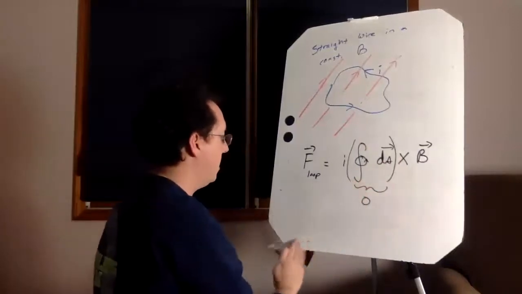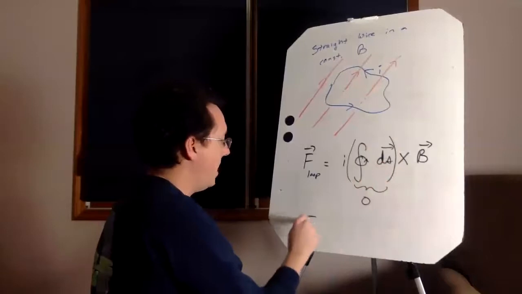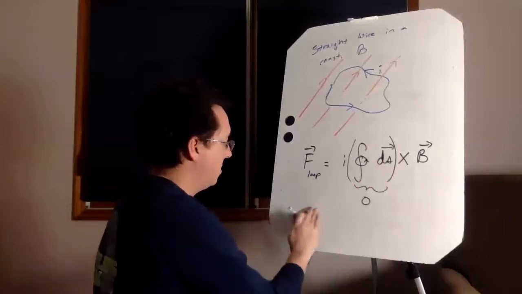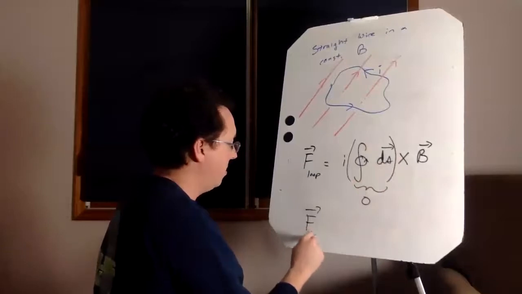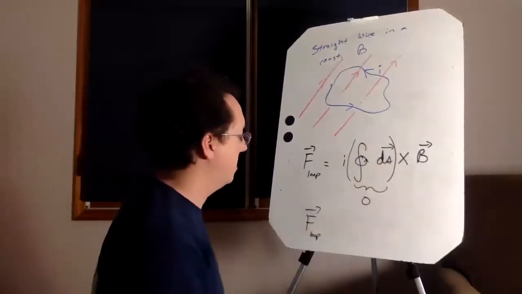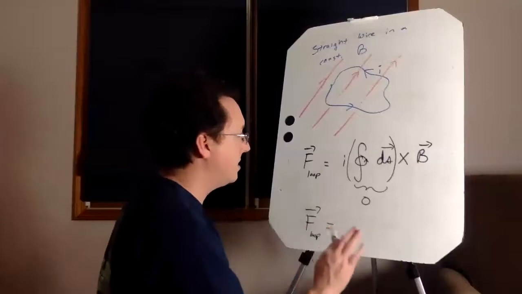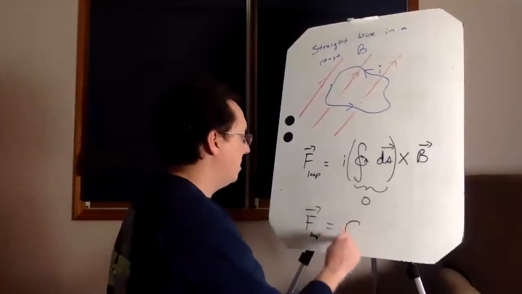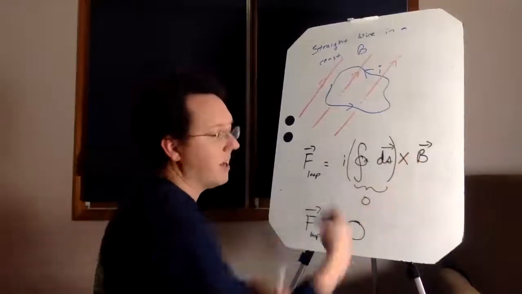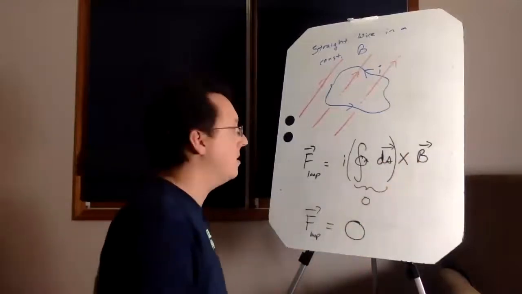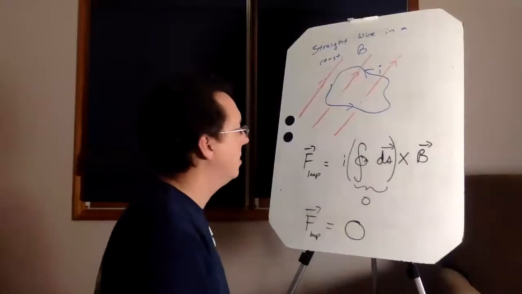And we see that the net force on a loop carrying current in the presence of a constant uniform magnetic field is 0. If the magnetic field is not constant, then you can't factor it out, and then it doesn't have to be 0. But if it's a uniform magnetic field, that's the case.